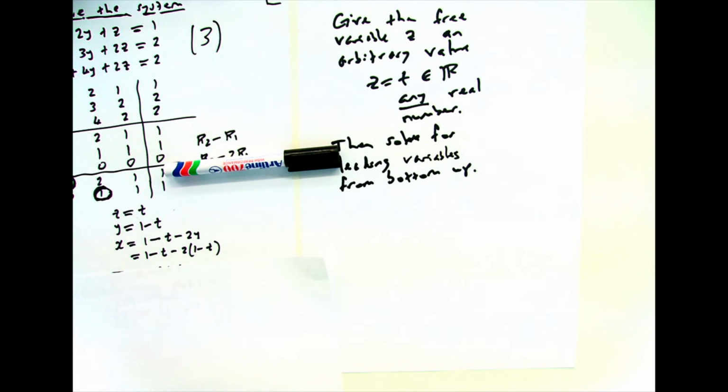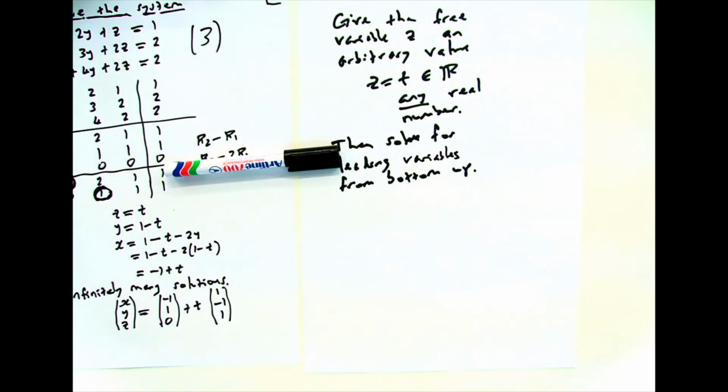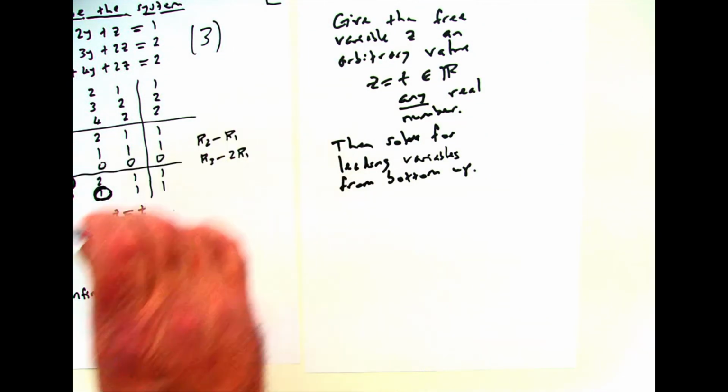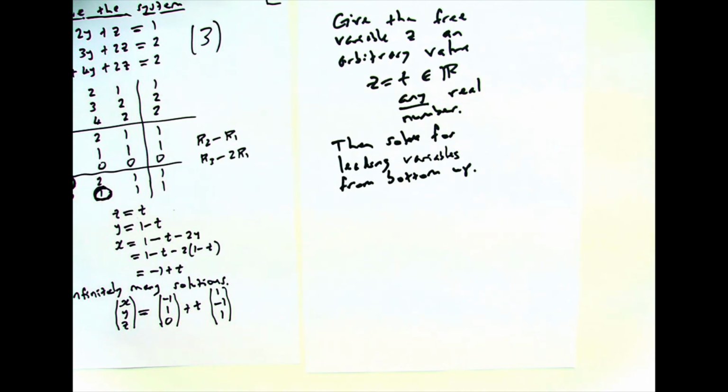And then we can solve and we get x is minus 1 plus t. So we give the free variable an arbitrary value, and then the leading variables we solve, as we always do in row echelon form.